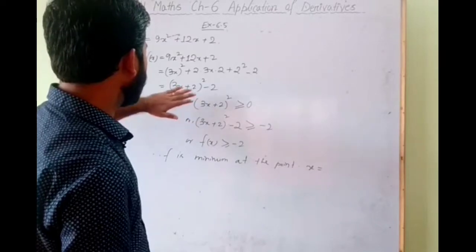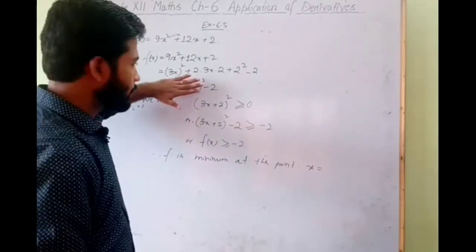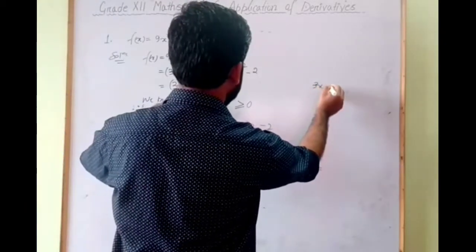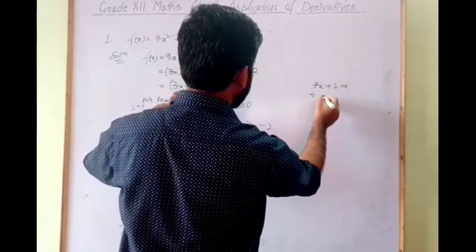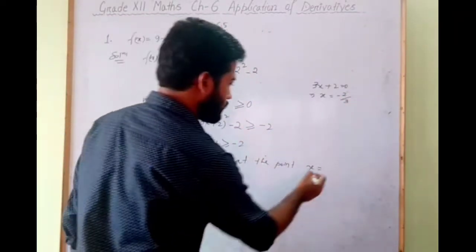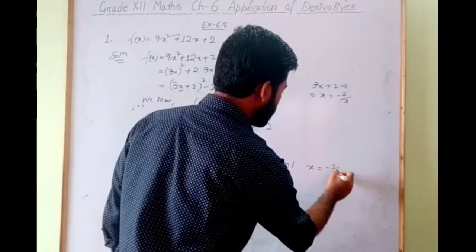That means I want to make this part 0. So if I want to make this part 0, so what if we put here? Just see that 3x plus 2 is equal to 0 when we shall have x is equal to minus 2 by 3. So here x will be equal to minus 2 by 3.